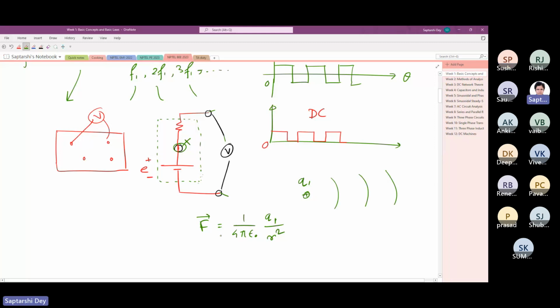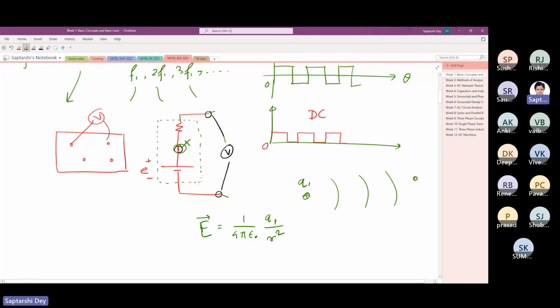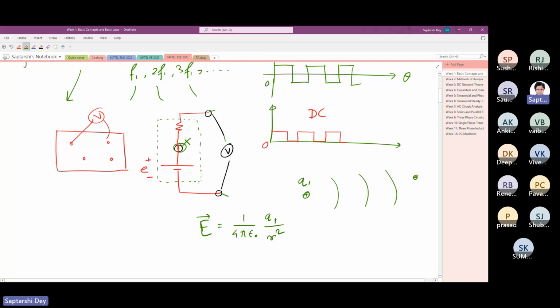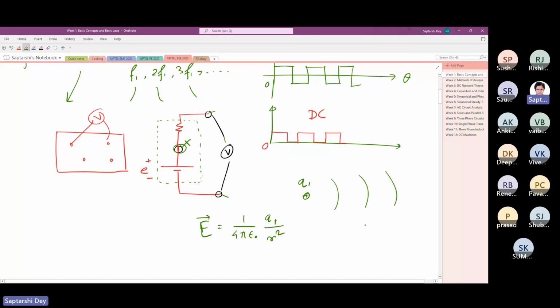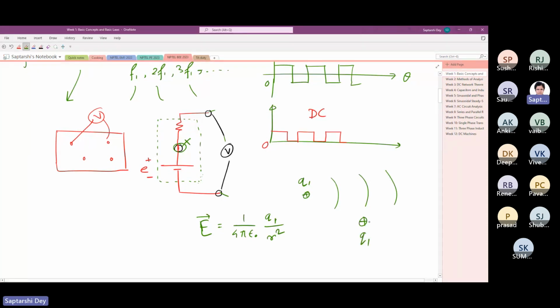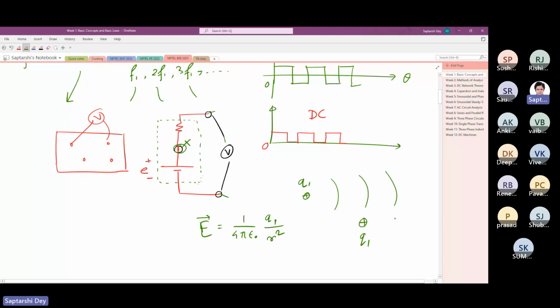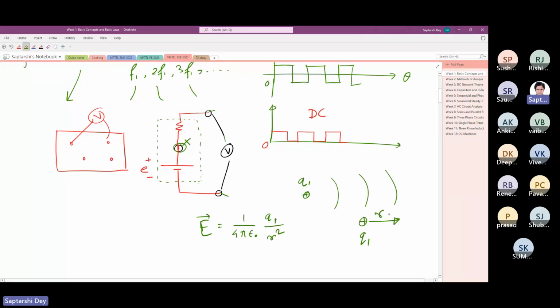Yeah, right, sir. So if field is the force per unit charge, then you have another charge, it can be positive also, doesn't matter. Let us say positive. These are equipotential lines. So you have another positive charge here, q1. It has some potential. Now if you want to move q1 by this distance, say r or r1, you have to do some work.